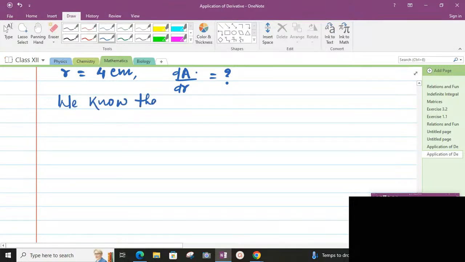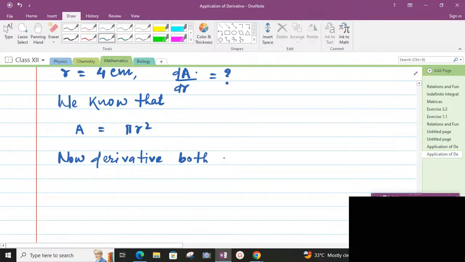A equal to pi r square. Now differentiate both sides with respect to r. In the left hand side, dA by dr equal to 2 pi r.